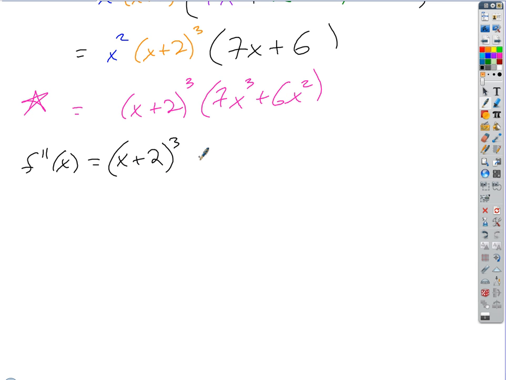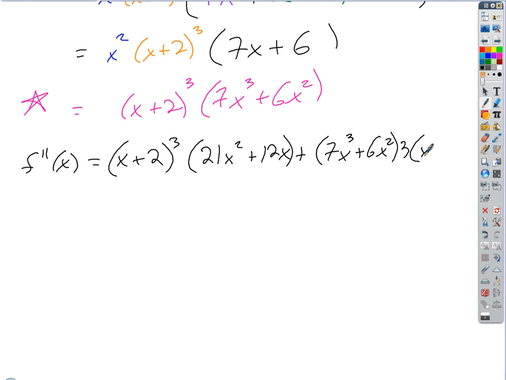Times 21x squared plus 12x, plus this whole thing, 7x cubed plus 6x squared times x plus 2 squared.